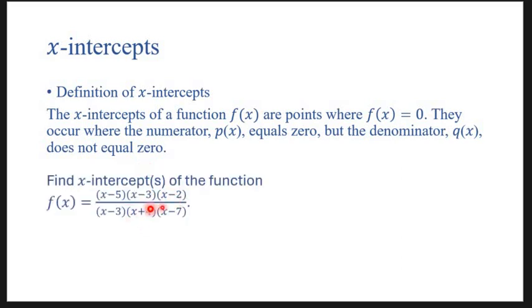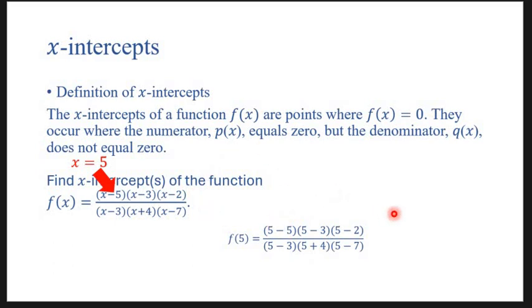So let's look at the same function here, find the x-intercepts of this one, and I'm going to look at what makes the top 0 but not the bottom. x minus 5 has a 0 of 5. There's no x minus 5 on the bottom, so therefore when I plug 5 in, it's only going to make the top 0.